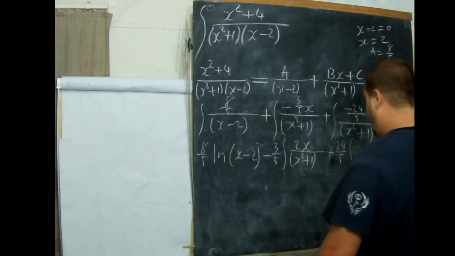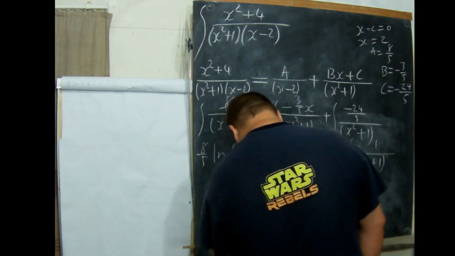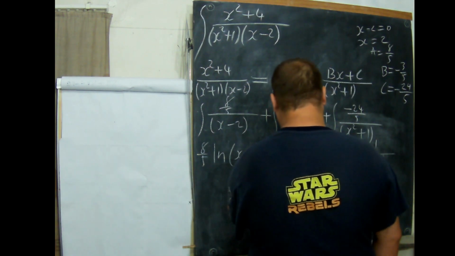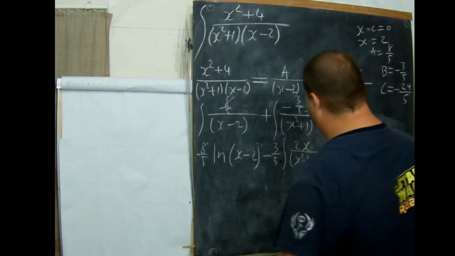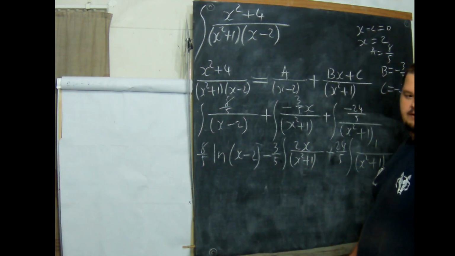Okay. Now our answer is going to be this multiplied by a half, because it's going to have the same number in it.